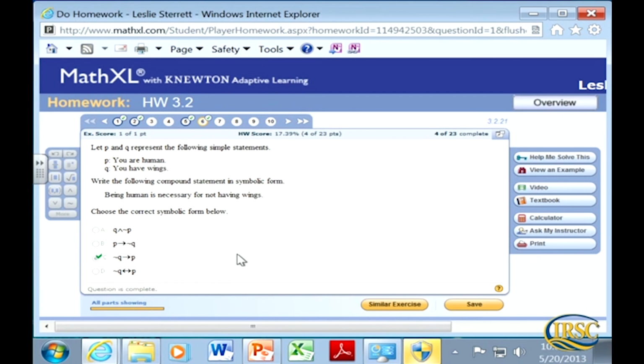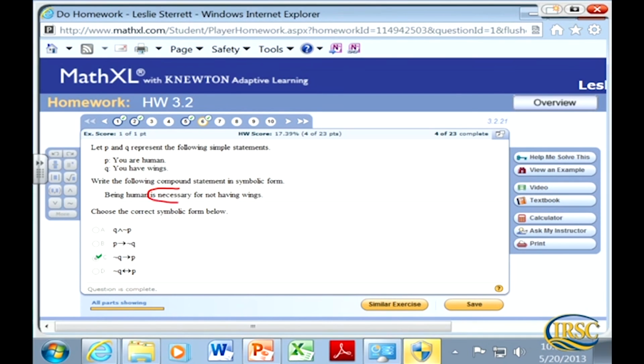Okay, so here's the thing. Is necessary for is an if-then statement. So right away I know I have a single arrow. If it had is necessary and sufficient for, then it would have been a double arrow. Okay, but it didn't have both of those, it just had one. So is necessary for is an if-then statement.